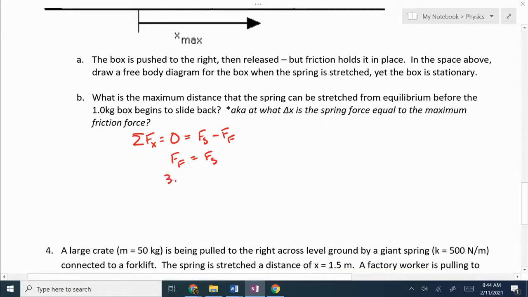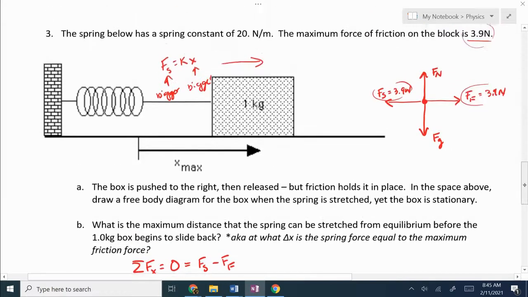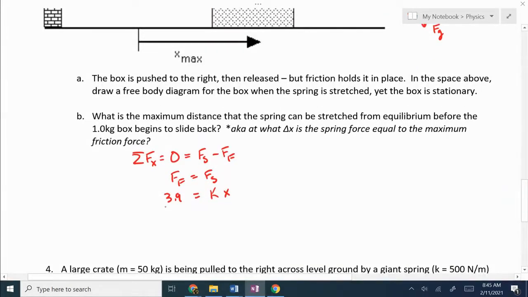And so we know that's 3.9 newtons. And the force of the spring is, right, Kx. We would like to know X. I believe it said that the spring constant is 20, so 3.9 is equal to 20 times X, divided by 20.